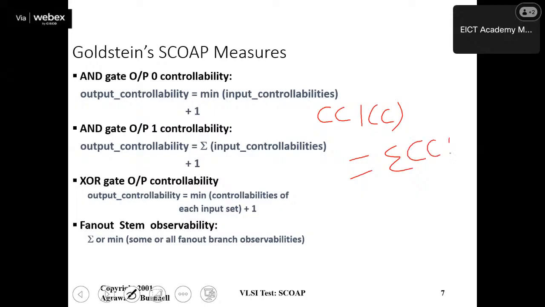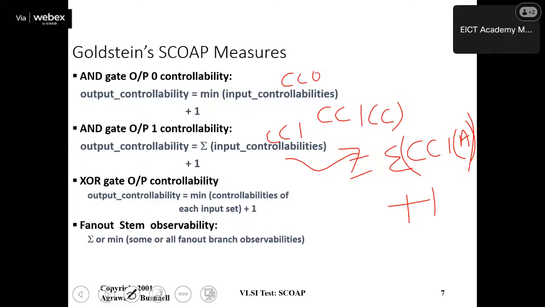So CC1 of all inputs, which I am representing by A: CC1 A plus CC1 B plus CC1 C and so on, plus 1. So this is the formula for output controllability: the sum of all the input controllabilities at CC1. You have to write it as CC1. And this is the minimum controllability, CC0.